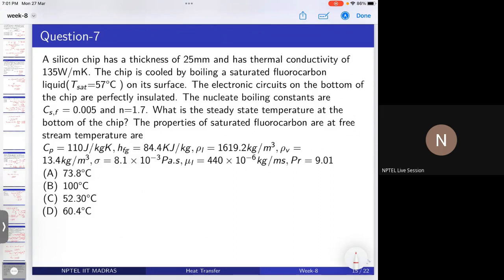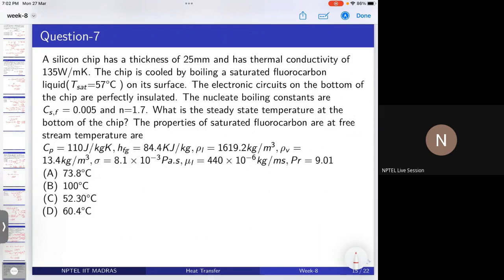You have to find out the steady state temperature at the bottom of the chip. I hope you understand the question. We have a silicon chip of a particular thickness, and the top of the chip is cooled by boiling of a saturated fluorocarbon.